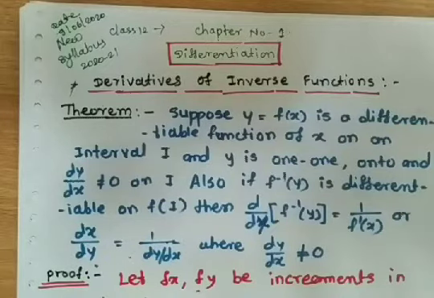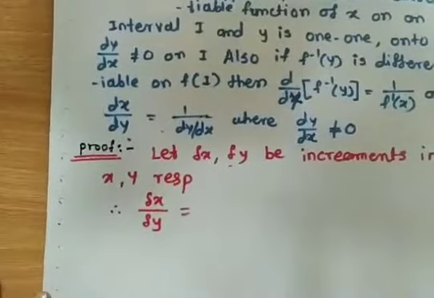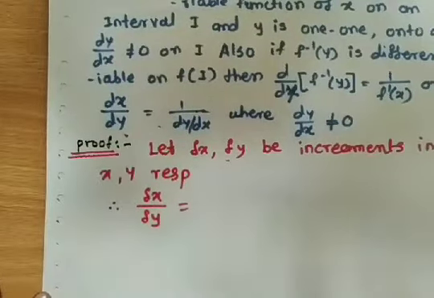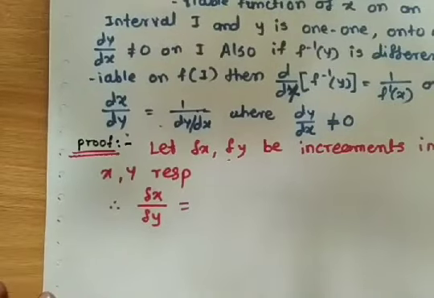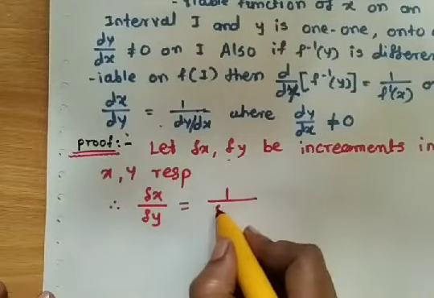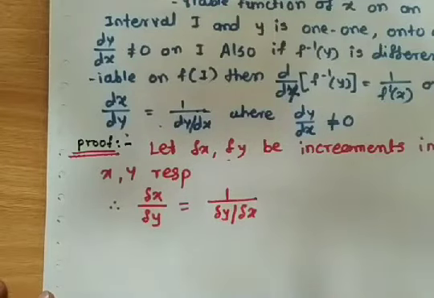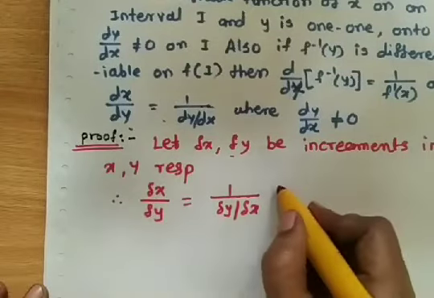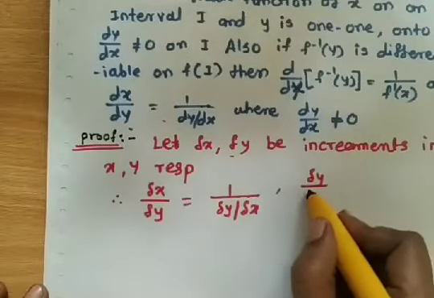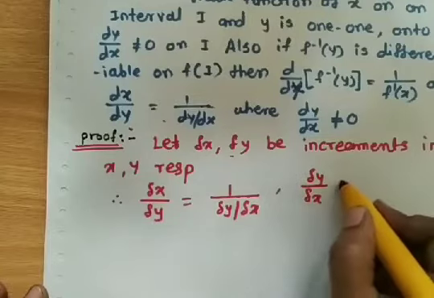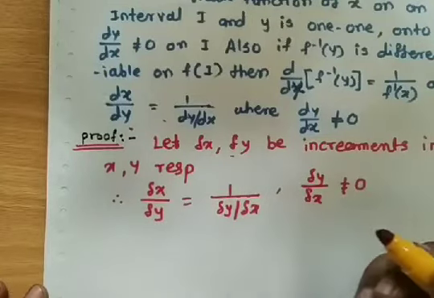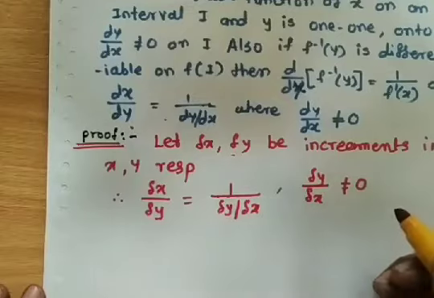It is written in terms of the small increments of the variables, that is, delta x upon delta y is equal to 1 upon delta y upon delta x. Okay. And whenever this denominator is not equal to 0, then only we can write this as 1 upon delta y by delta x. Okay.